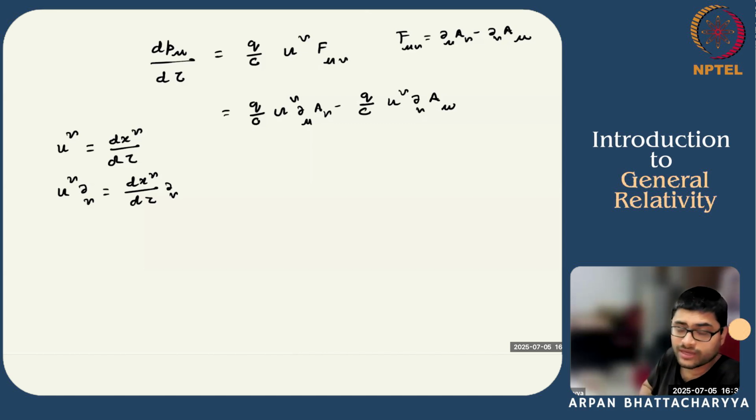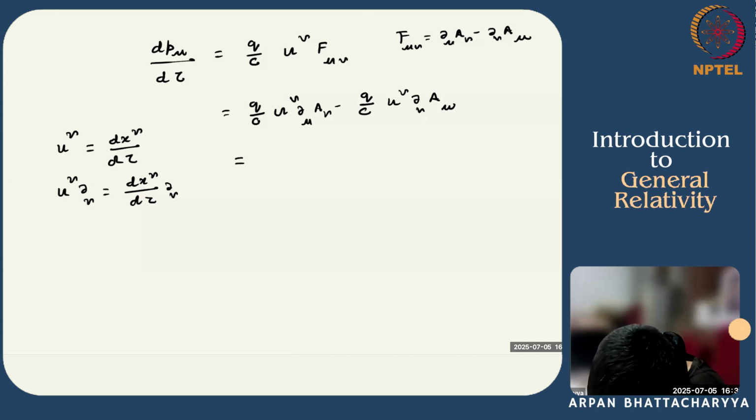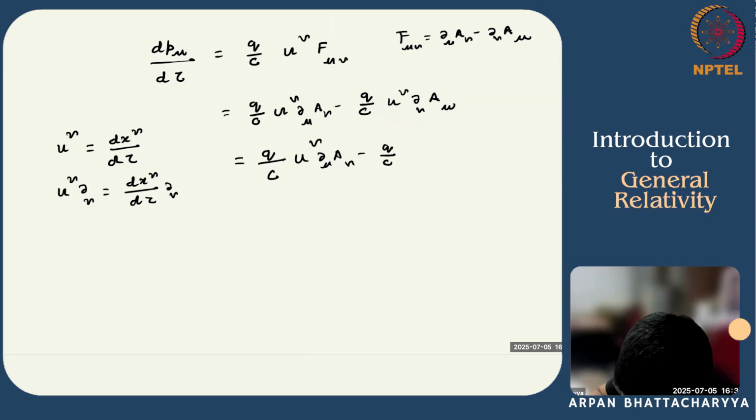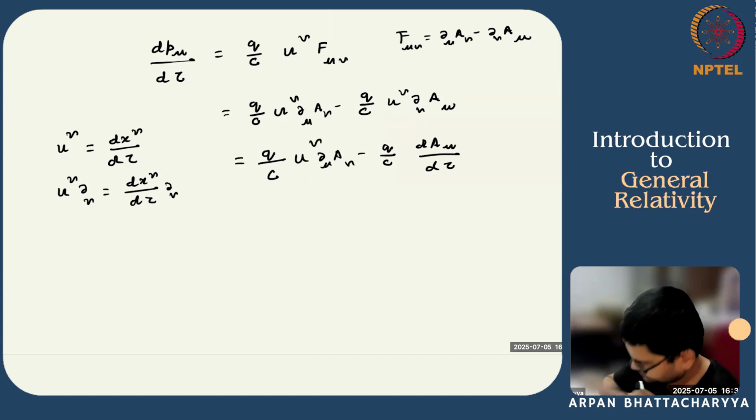and what is this effectively? Now, if you use the chain rule, then we'll be able to write it as u nu del nu acting on A mu will be just dA mu by d tau. Okay.